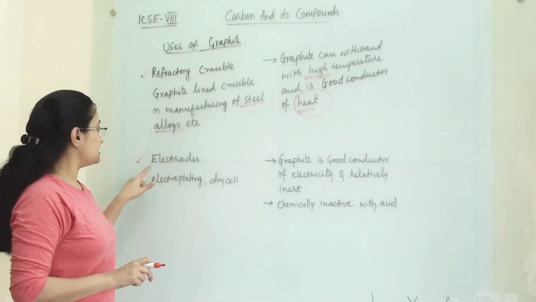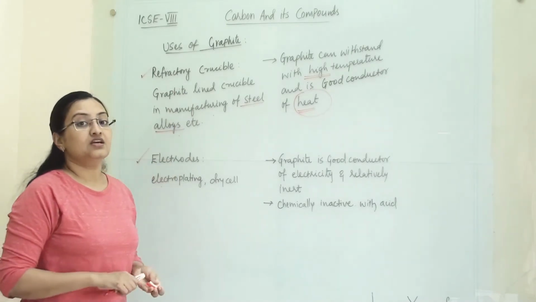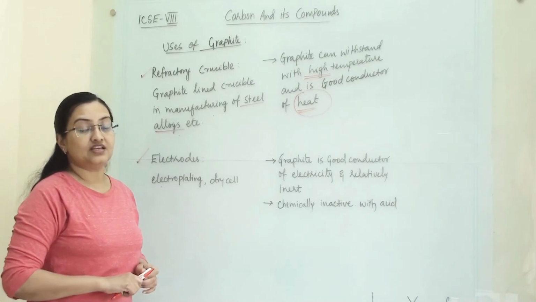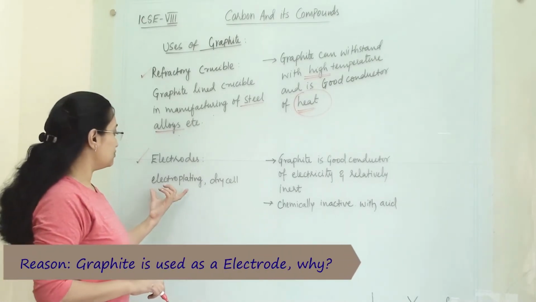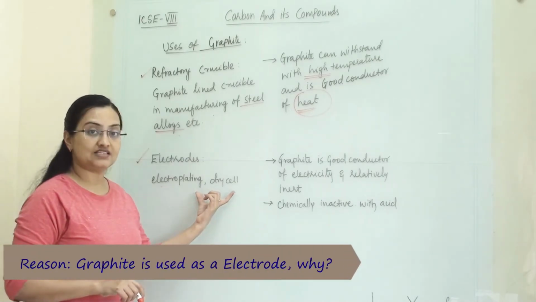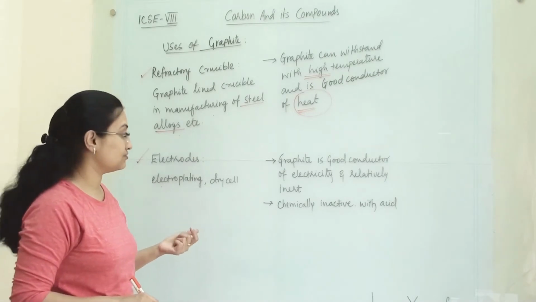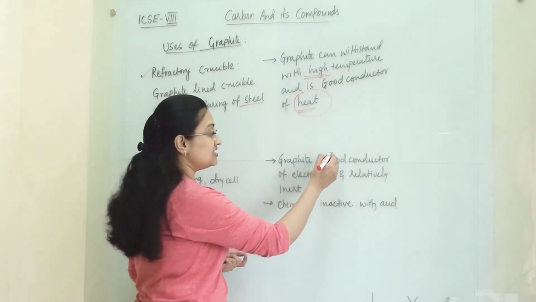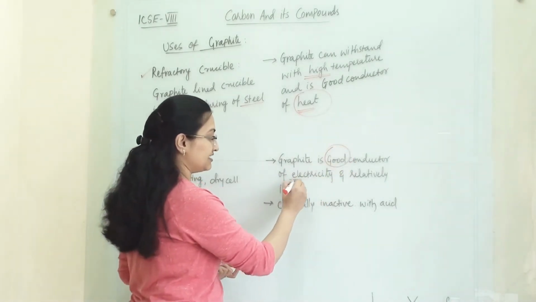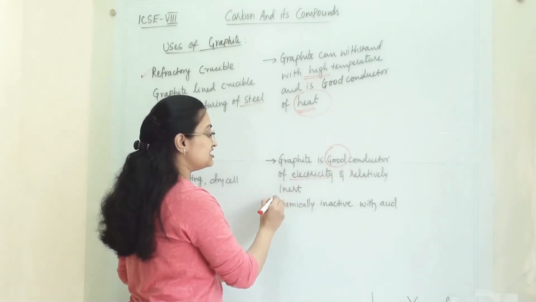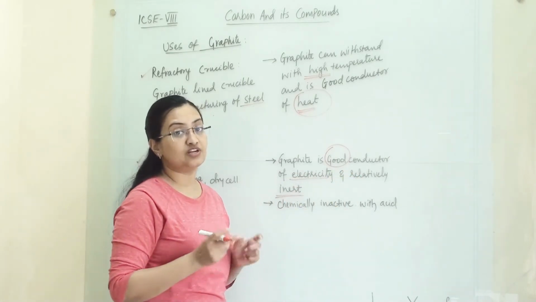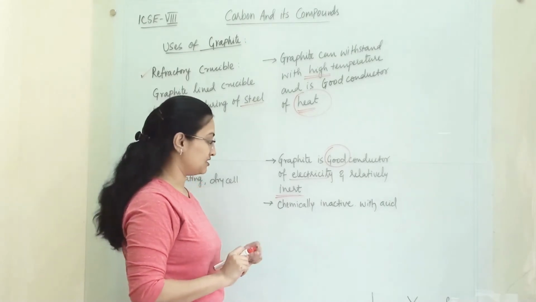Then next is electrode. Graphite is used as an inert electrode. We use it as an electrode in electroplating and in dry cells. Why? Because graphite is a good conductor of electricity and it is relatively inert, so it will not take part in the reaction.